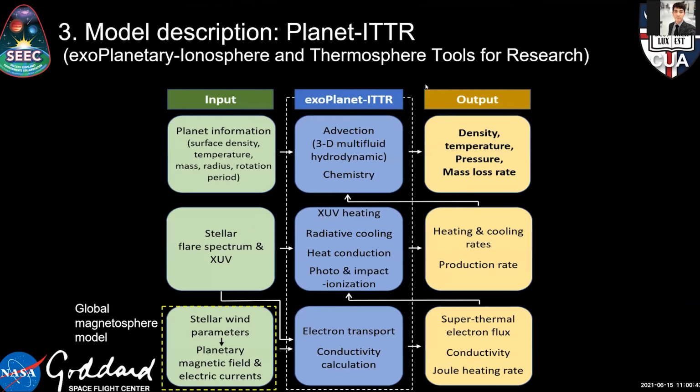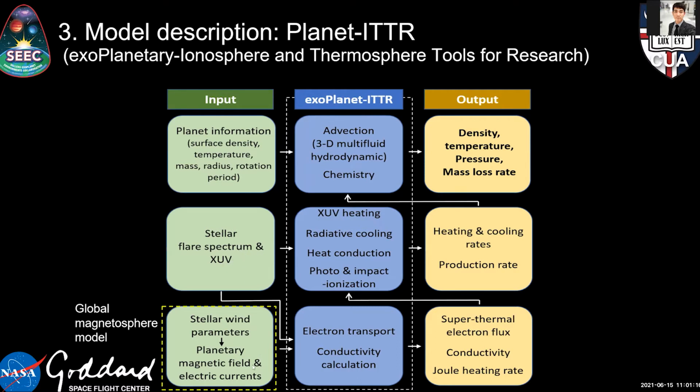So we recently developed Planet Eater, which is the exoplanetary ionosphere and thermosphere tools for research. Planet Eater uses inputs of planet information, for example, surface density, temperature, mass, radius, and rotation period, and stellar flare spectra in X-ray, UV, and extreme UV.